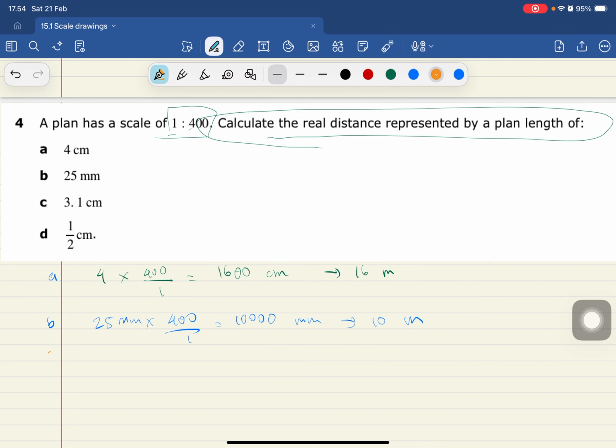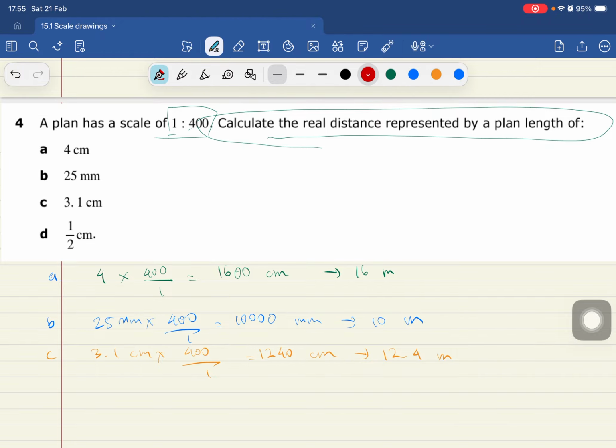Next, C, you've got 3.1 centimeter multiplied by 400 divided by 1. So 3.1 multiplied by 400 gives 1240 centimeter. We can change it into meter, so it's going to be 12.4 meter.